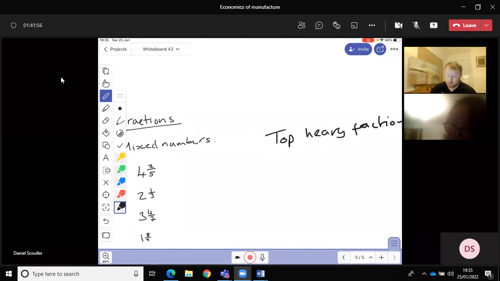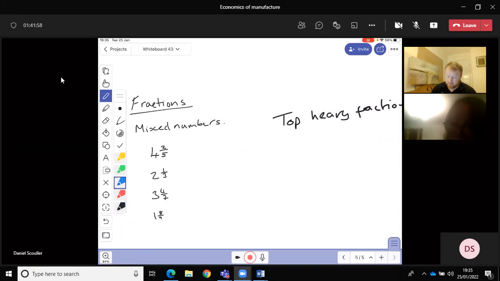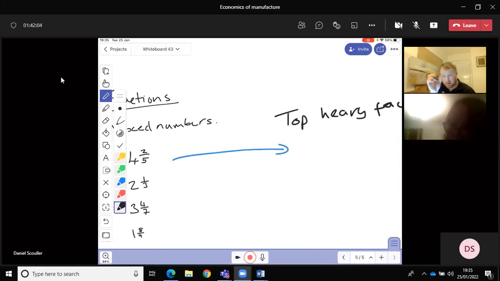And how we convert one to another is multiply the bottom number by the big number. So your top line would be made up of 4 multiplied by 5 plus those 2/5.